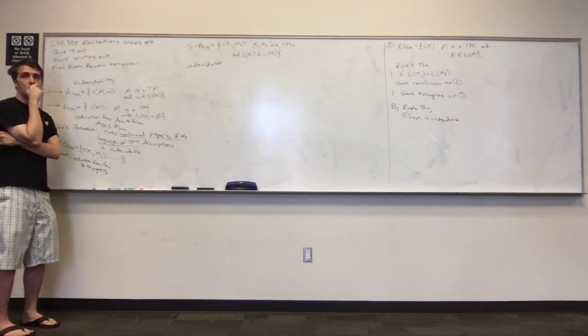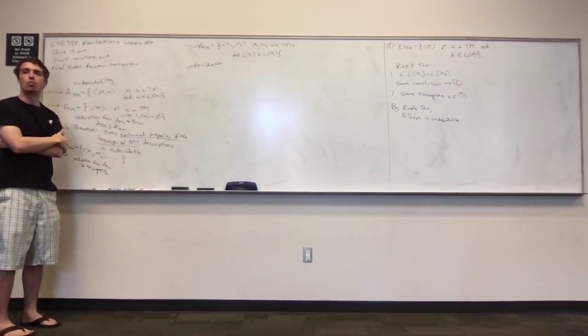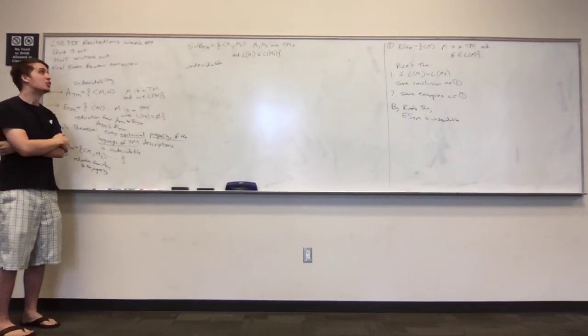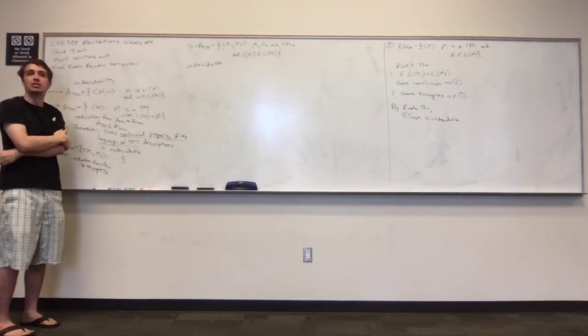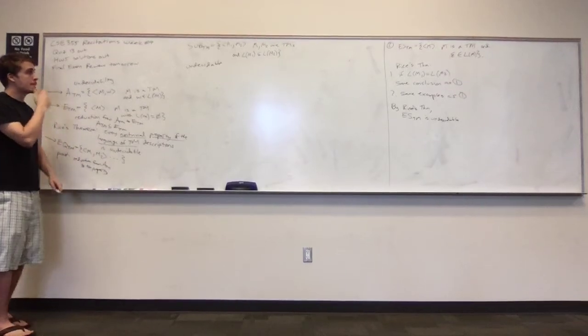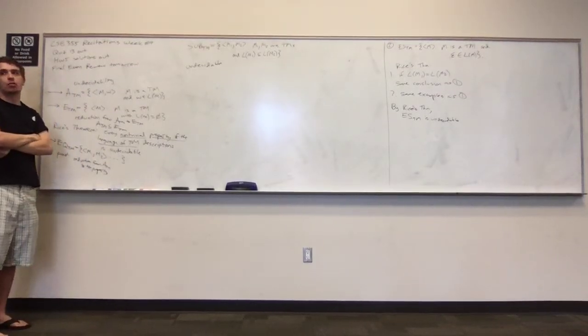So can I apply Rice's theorem? No. Why can't I? It has more than one Turing machine as input. So I have to do a reduction if I want to show it's undecidable. But what language should I use?